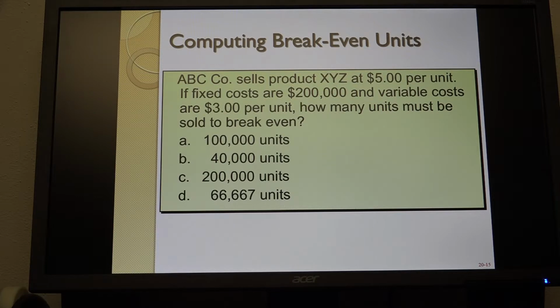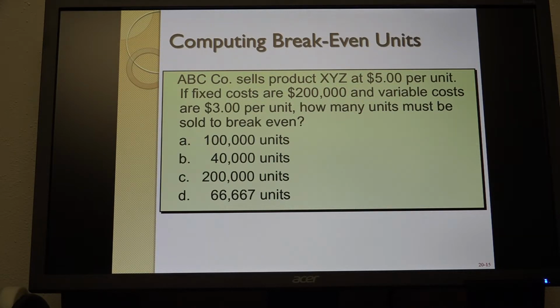So here, what you're going to do is you're going to take the 200,000 fixed cost and divide it into your contribution margin per unit, which is $2.